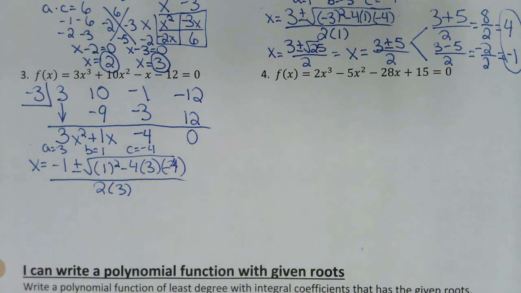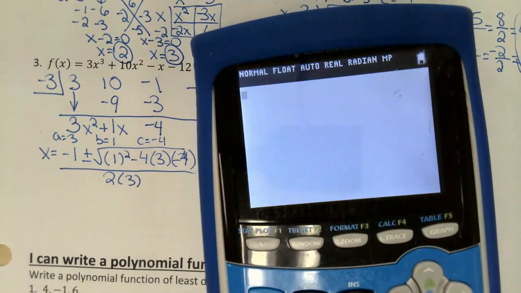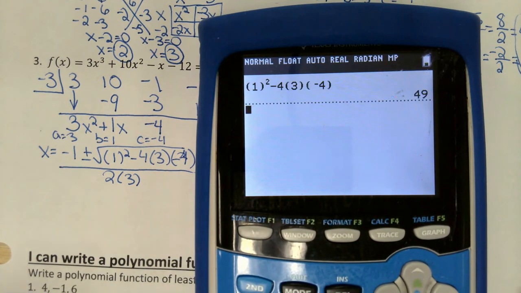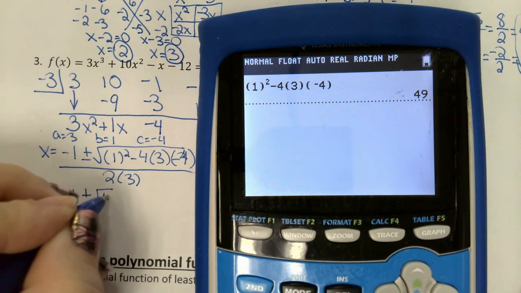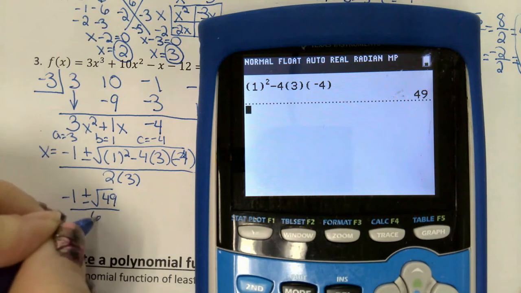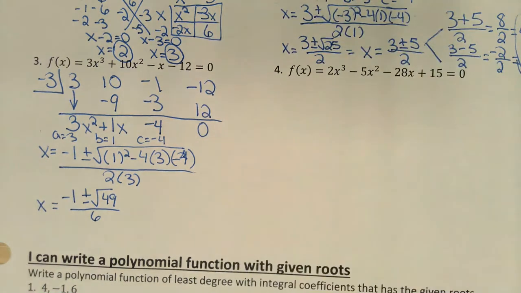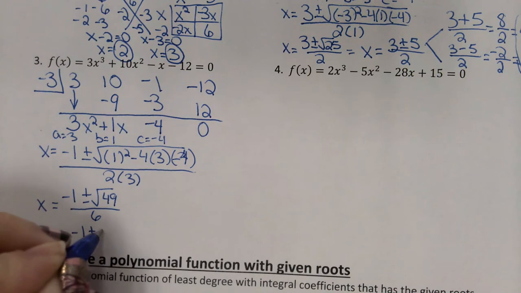So typing in that discriminant into my calculator, I get 1 squared minus 4 times 3 times negative 4, and I get 49. 2 times 3 gives me 6. Now the square root of 49, that is something I know. It's 7.